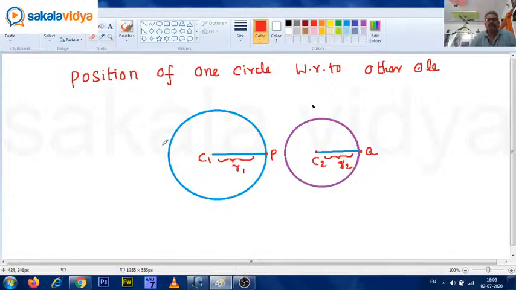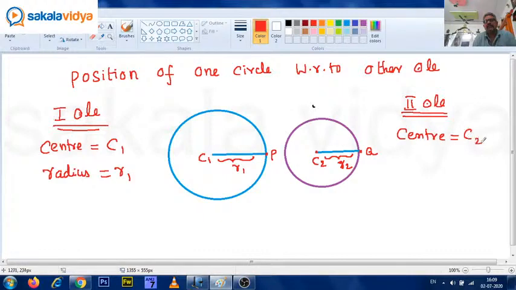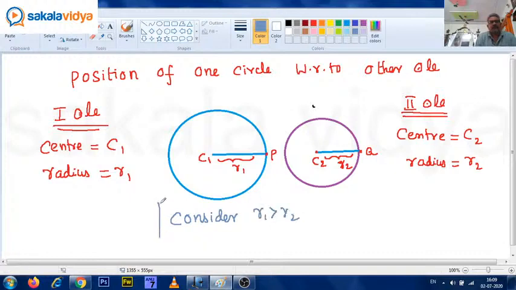For the first circle, center C1, radius R1. For the second circle, center C2, radius R2. Consider here R1 is greater than R2.